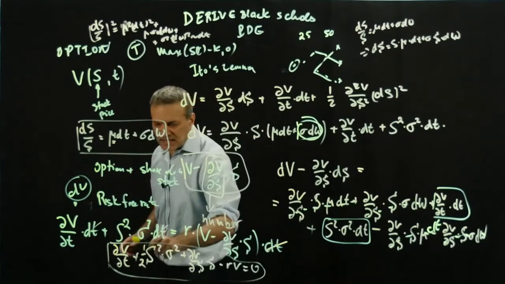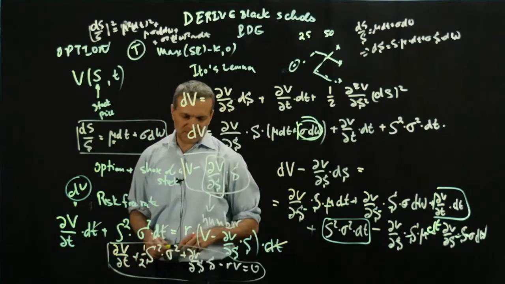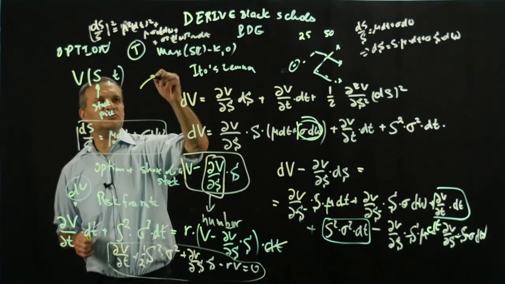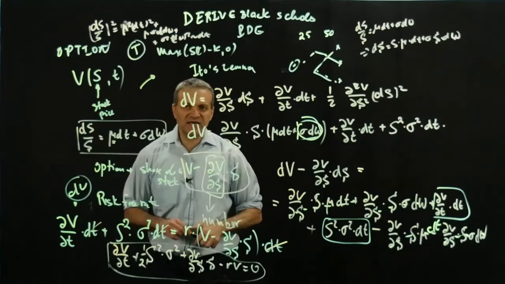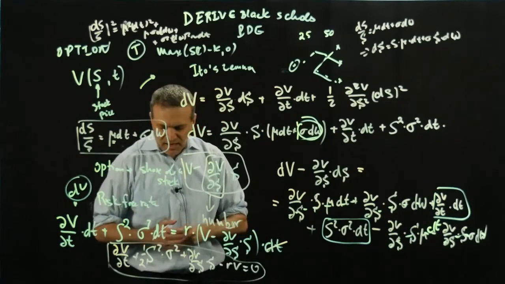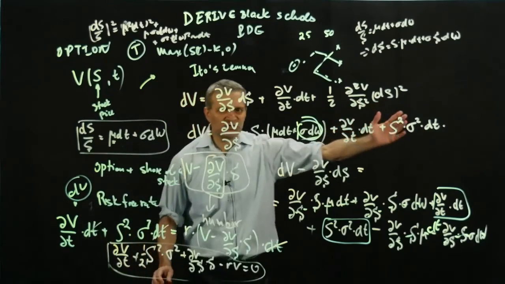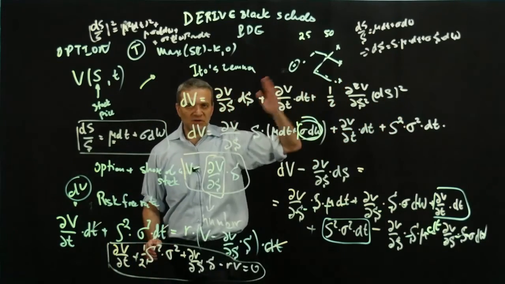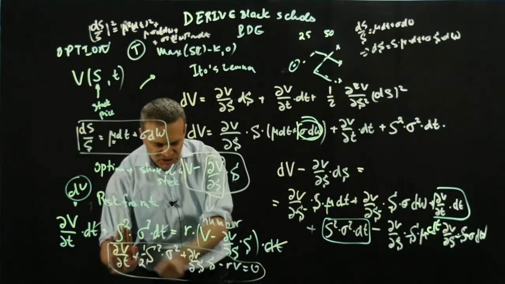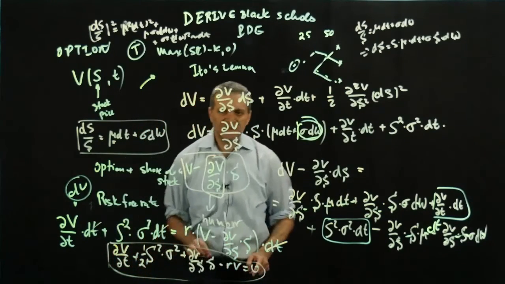Now, the other thing that you want to observe is that you have a time component here, which means that the derivative depends on time. But if it's a perpetual option or a perpetual bond or any perpetual instrument, this term goes away and you get an equation only in S. What does it mean?